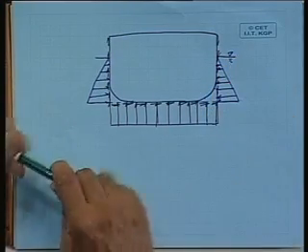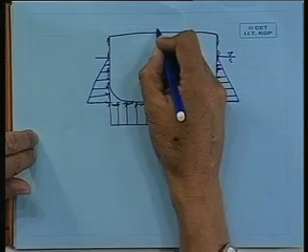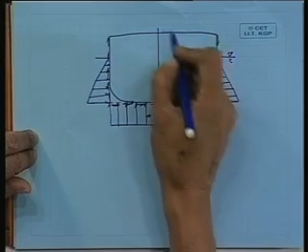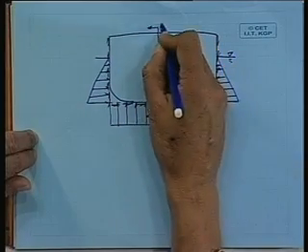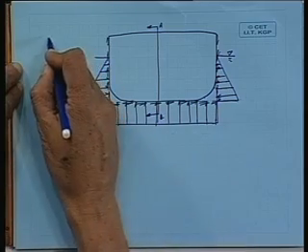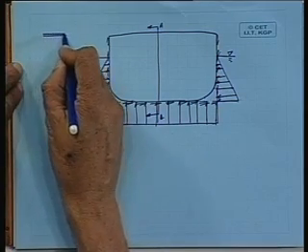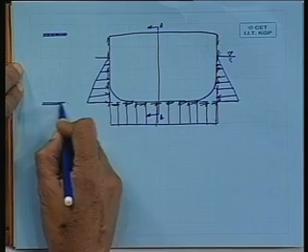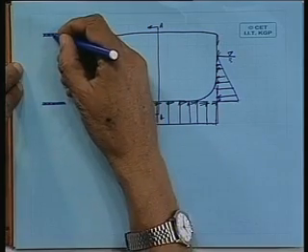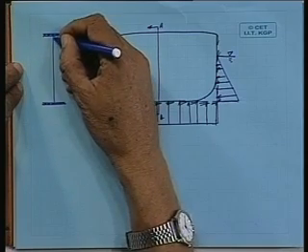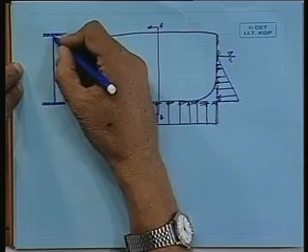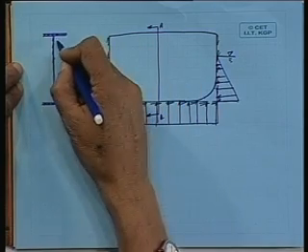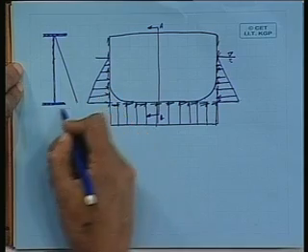Right. Then let us take a section somewhere here, and draw the plate. This is the bulkhead plating, and then the hydrostatic loading in flooding condition will go right up to the top.